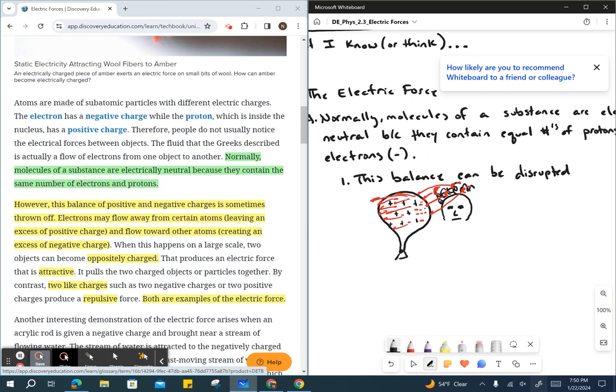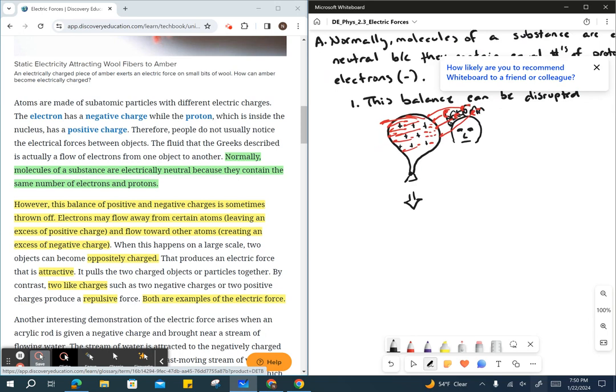So I guess maybe I should draw this here. So now we have this balloon picture, and all of your negative charges have been pushed to the other side, and you have all this positive stuff left behind over here.